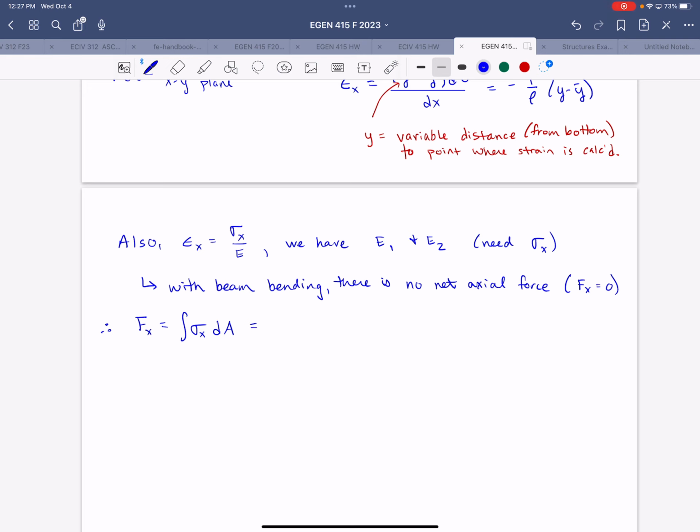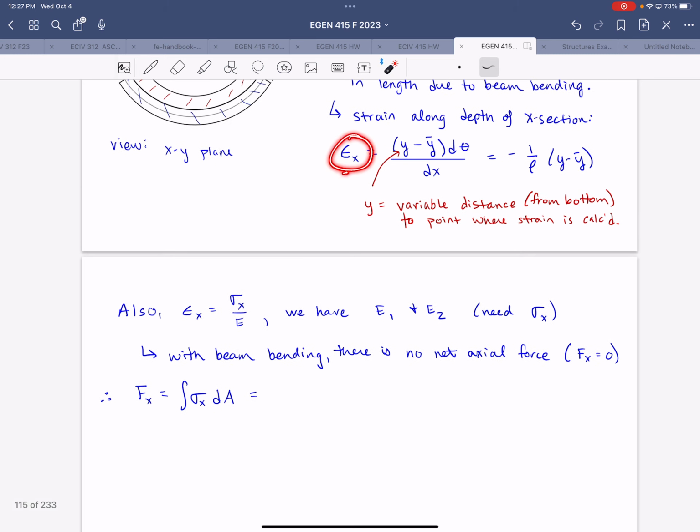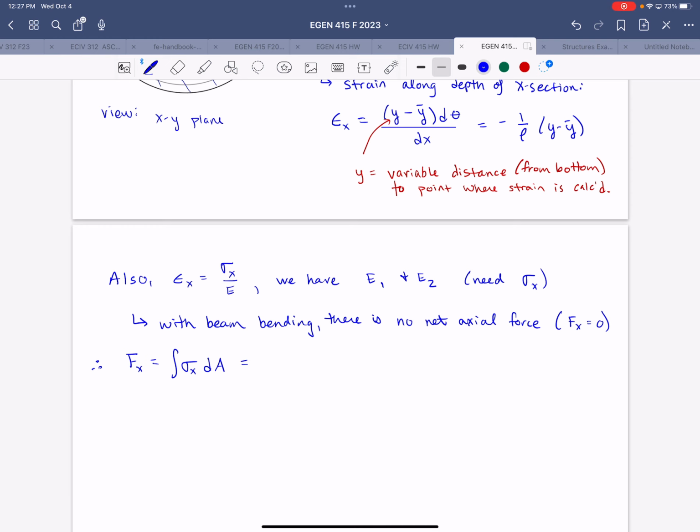And then making our substitution for normal stress in terms of strain and Young's modulus, and then from above for strain in terms of rho and the variable y and the neutral axis position, we get -1 over rho times the integral over area A1 of Young's modulus E1 times variable y minus y bar dA1, minus 1 over rho times the integral over area A2 of E2 times y minus y bar dA2. And set that whole thing equal to 0.